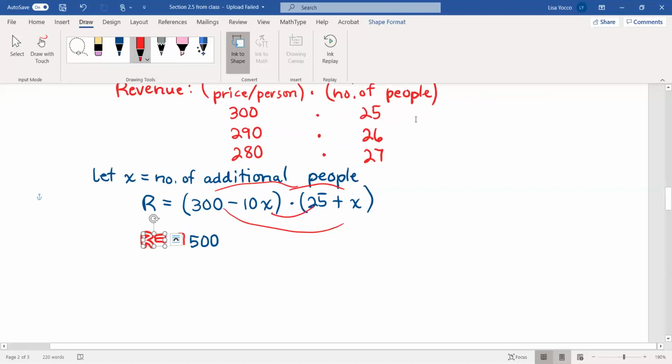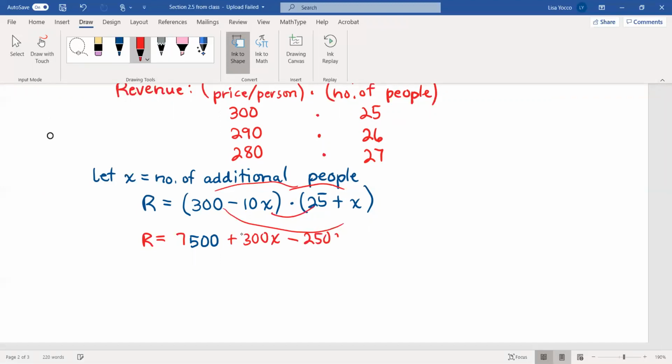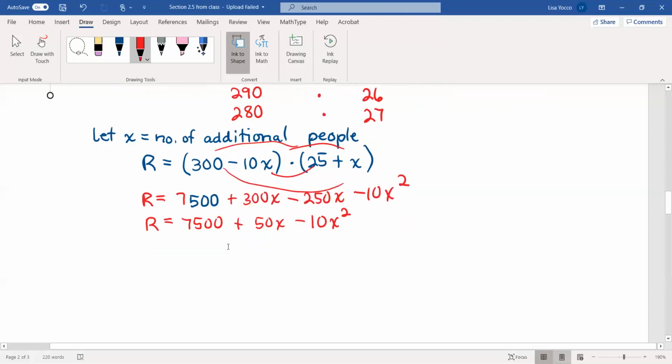All right. And then plus 300x minus 250x minus 10x squared is what I get when I multiply all that together. And then combining my like terms, I get 300 minus 250 is 50, 50x minus 10x squared. All right.